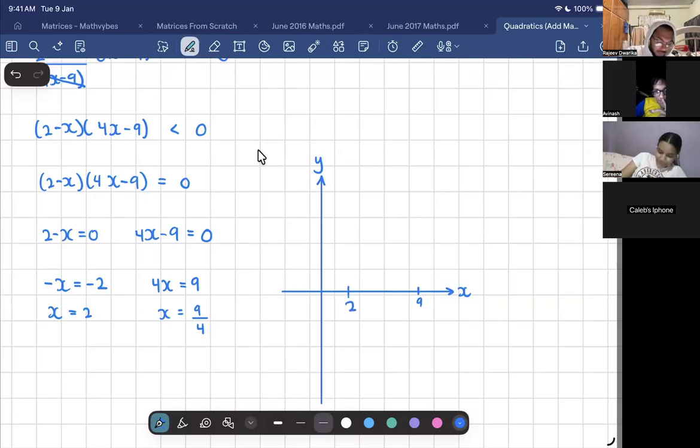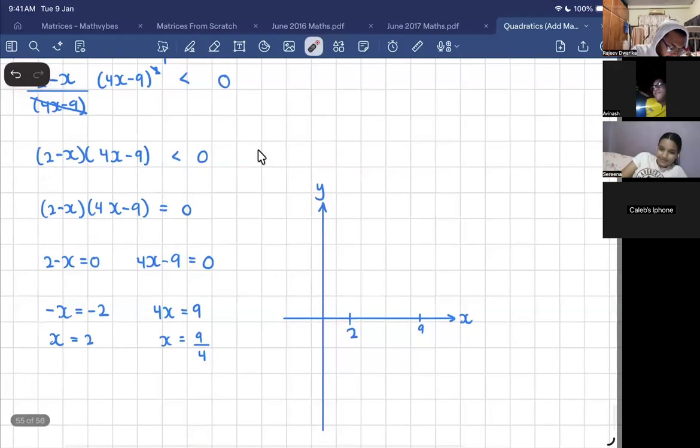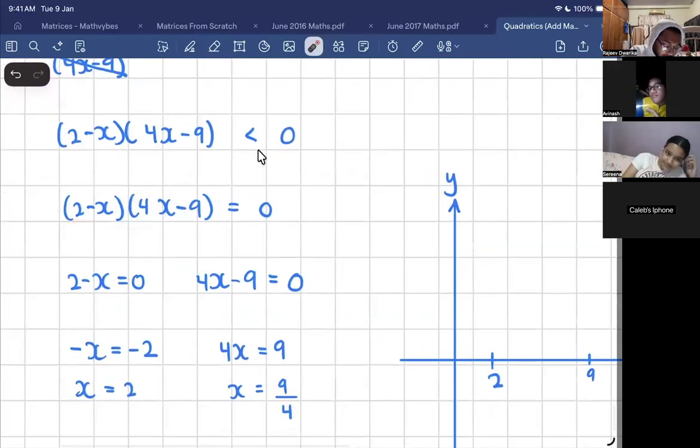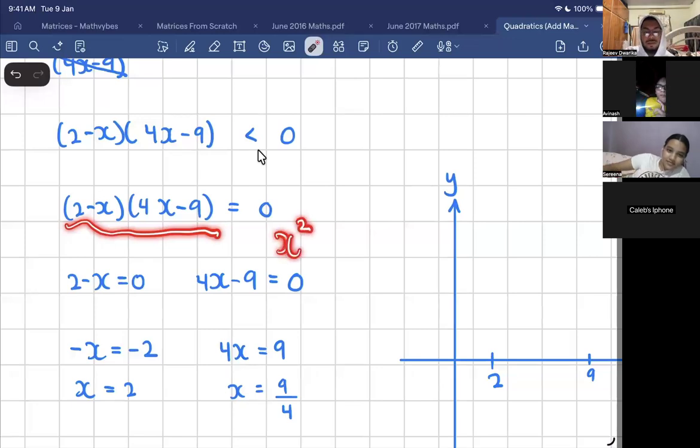Okay. So, Serena, if I were to multiply out this quadratic, be very careful with what you say. What is the coefficient of the x squared term going to be? Negative 4. Avinash, how is she getting that?